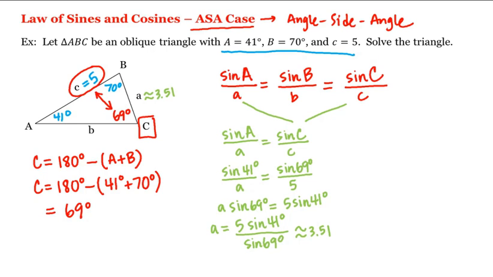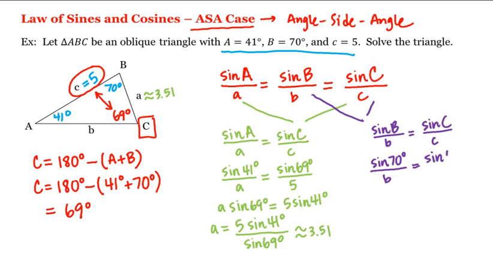And now it remains to find b, which we can do by using the fact that this ratio and this ratio are equal. That is, we have sine of B divided by little b is equal to sine of C divided by little c. Or sine of 70 degrees divided by little b is equal to sine of 69 degrees divided by 5.